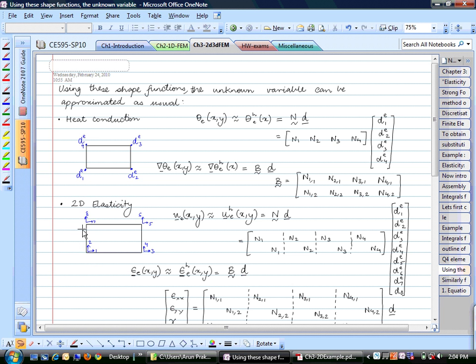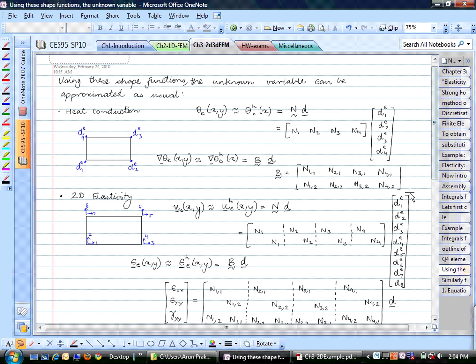And the similar thing happens in the 2D elasticity case. Your degrees of freedom in this case would be labeled for the 4 nodes. You will have 2 degrees of freedom at each node. And once again, you have this extra term in your shape function matrix, and your degrees of freedom will now become 8.